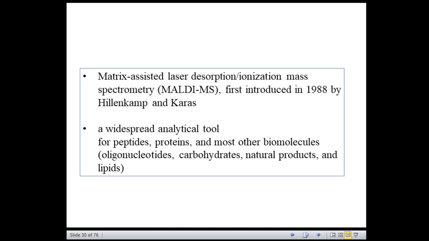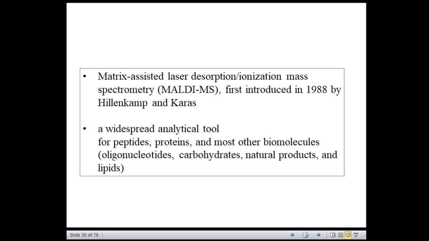As an example, a protein can often be unambiguously identified by the accurate mass analysis of its constituent peptides produced by either chemical or enzymatic treatment of the sample.